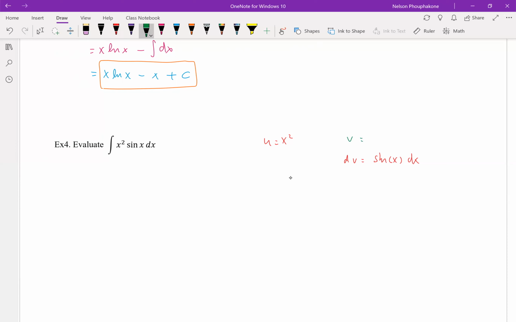So I will have v equal to negative cosine of x, and then du will be 2x dx. Now I will have the integral of x squared sine of x dx is uv, x squared times negative cosine of x, minus the integral of v du. Okay. Let's see what we have here.